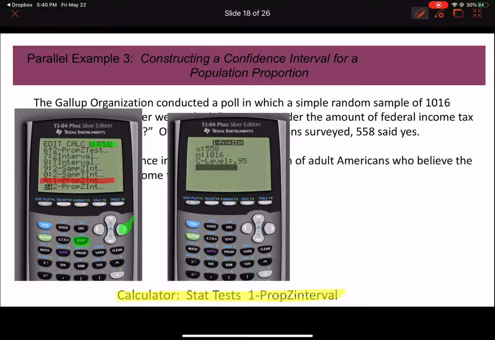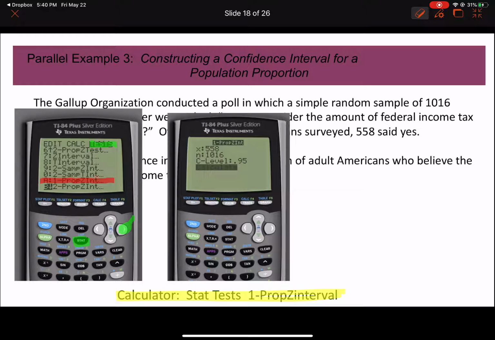Let me tell you that there were a lot of people in final projects last year that used the confidence interval. So this is something to think about, using a confidence interval and margin of error in there.